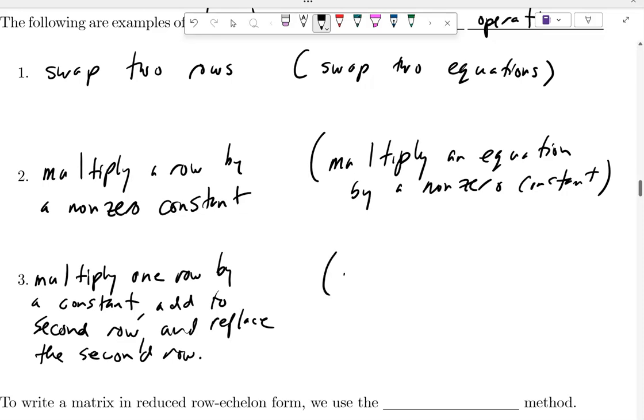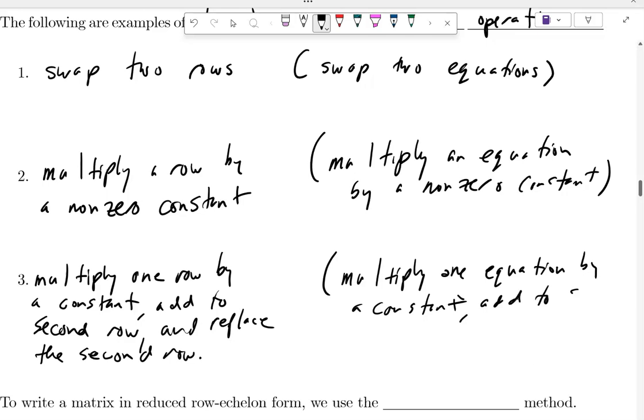That's corresponding to the same thing we did with equations. Multiply one equation by a constant, add to a second equation, and replace the second equation.